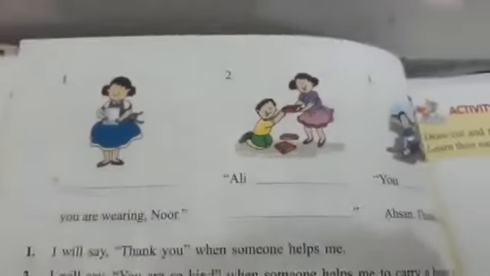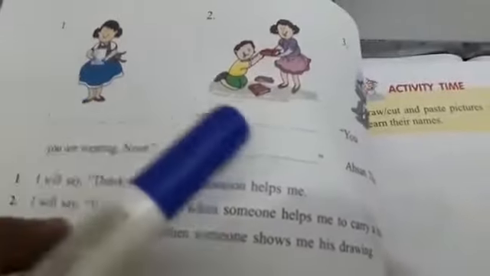On page number 19, unkind or rude words shouldn't be used with our friends or with the people in our surroundings. Look at the pictures and write the proper words by yourself in these sentences. We have done this as well. So our pages 19 and 20 are almost done.